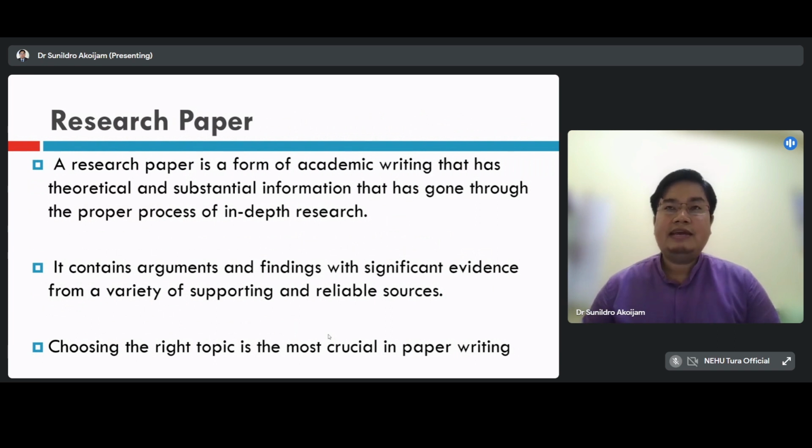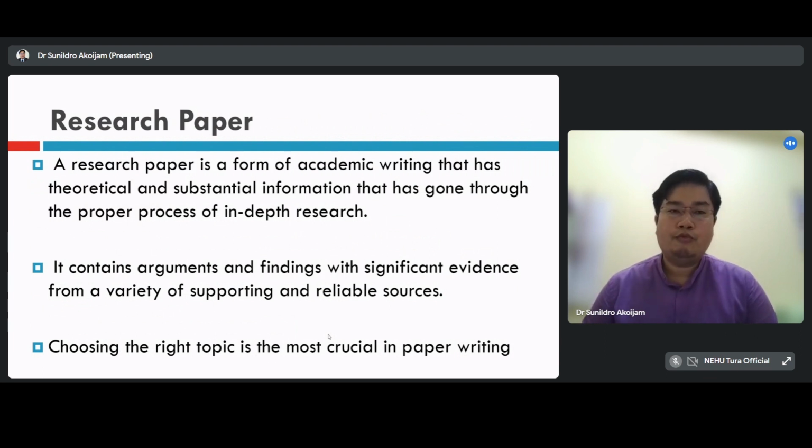It also contains arguments and findings with significant evidence from a variety of supporting and reliable sources. Whenever we write a paper, we come out with certain findings based on authenticated and reliable data. For that purpose, the researcher has to take due caution while collecting the data from reliable sources.